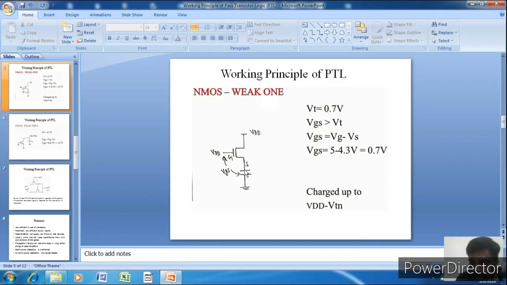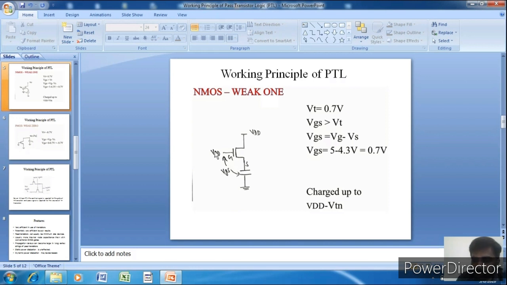Then again it increases, and when the source voltage becomes 4.3, our VGS value is VDD minus 4.3, that is 5 minus 4.3, that is 0.7, which is the threshold voltage required to turn on the transistor. If the capacitor charges beyond this 4.3 volt, then the VGS value becomes less than the threshold voltage.